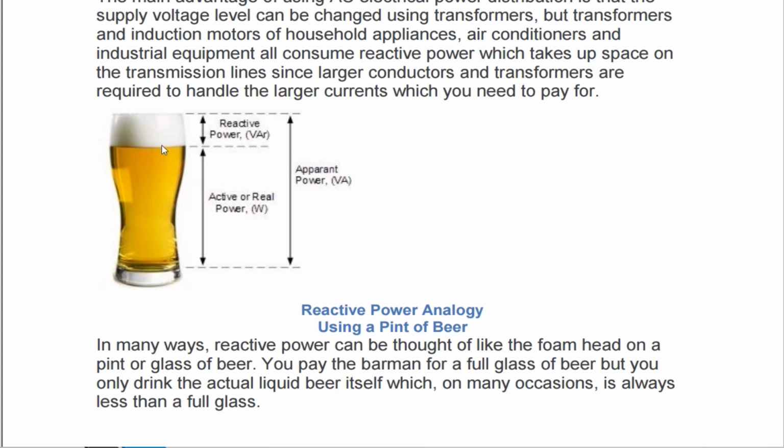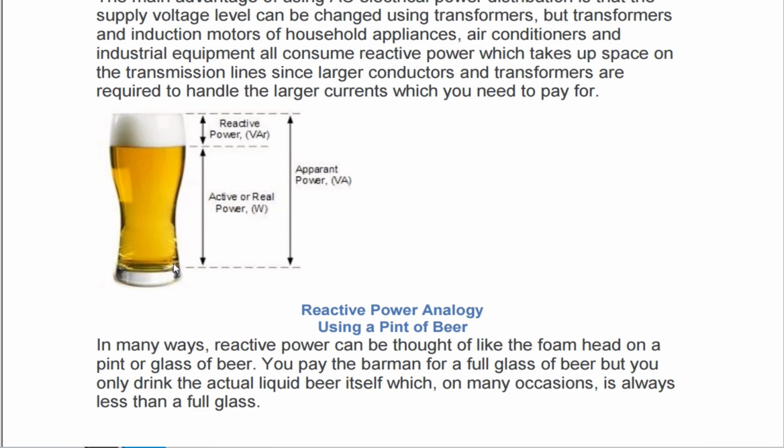If you look at the top part of the glass, this is empty. This is covered with foam. So this part is not having any beer as such, but it appears to be full. So this is the apparent power. This full glass is representing the apparent power.